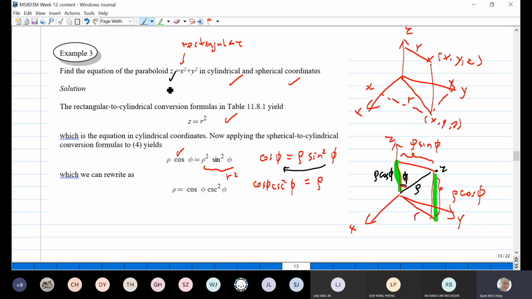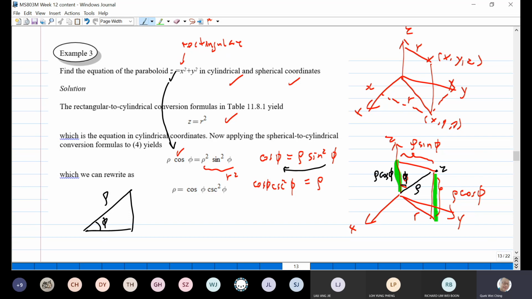I don't need this z, I need z here. So z is rho cosine phi. Using a triangle, you look at the triangle here: this long side is rho, and this angle is phi.